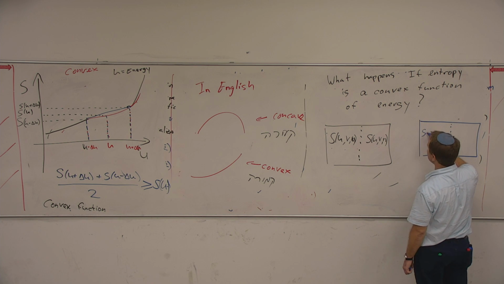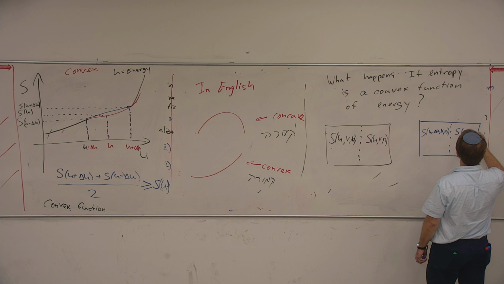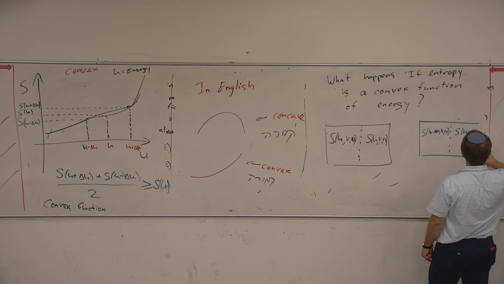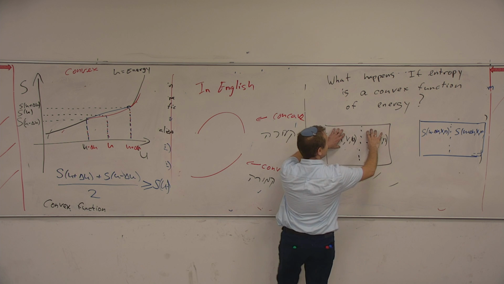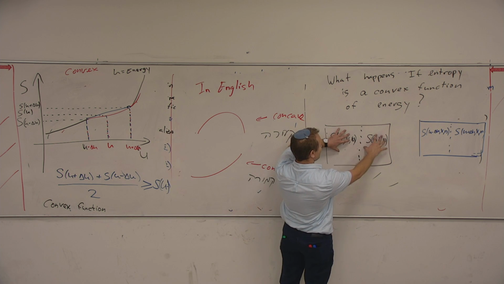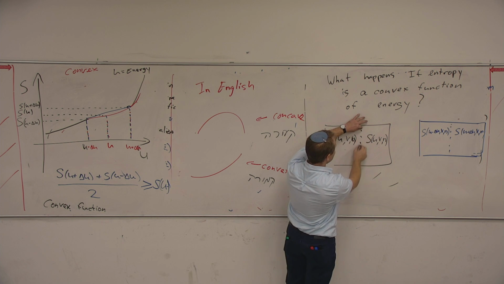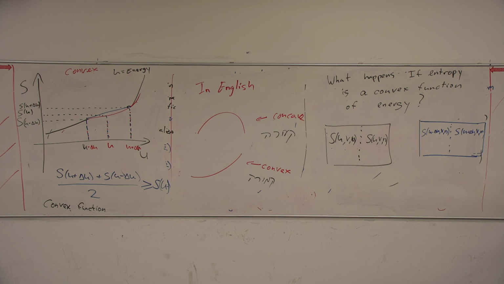On the left-hand side we have S, U minus delta U, V, and N, and on the right we have S, U plus delta U, V, and N. So I prepared those two systems, and they are in equilibrium, but they are somehow separated. Everything is exactly the same, and the entropy is also the same.